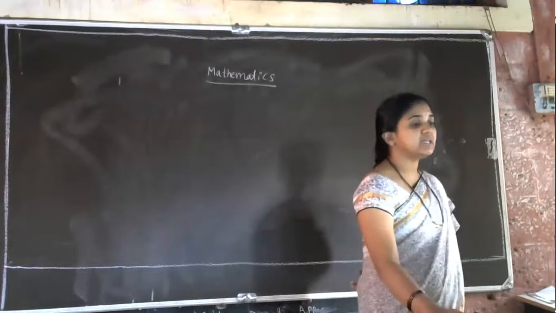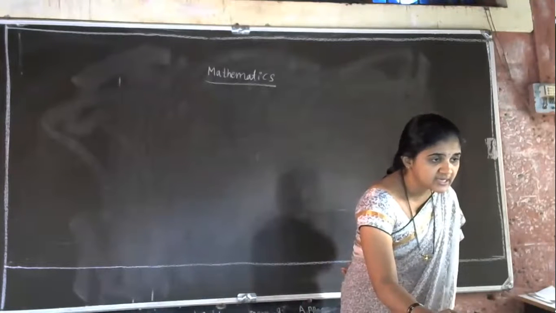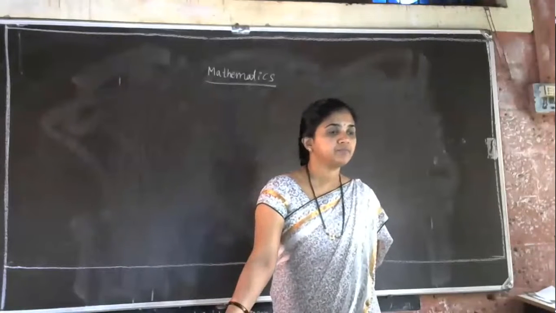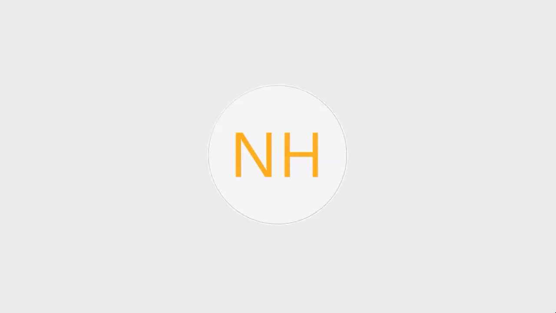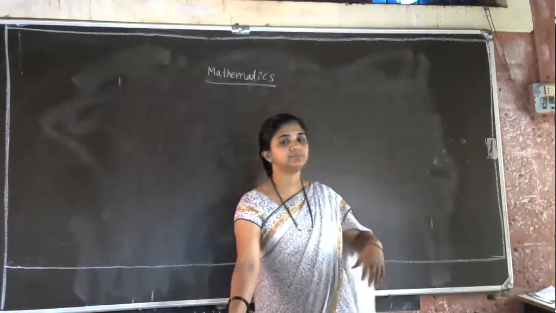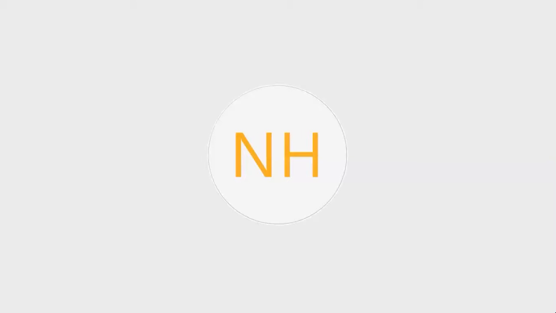Next I need the definition of SSS similarity criteria from Sneha V. Hegde. What is the definition of SSS similarity criteria? In two triangles, if their corresponding sides are in proportion, then they are equiangular.